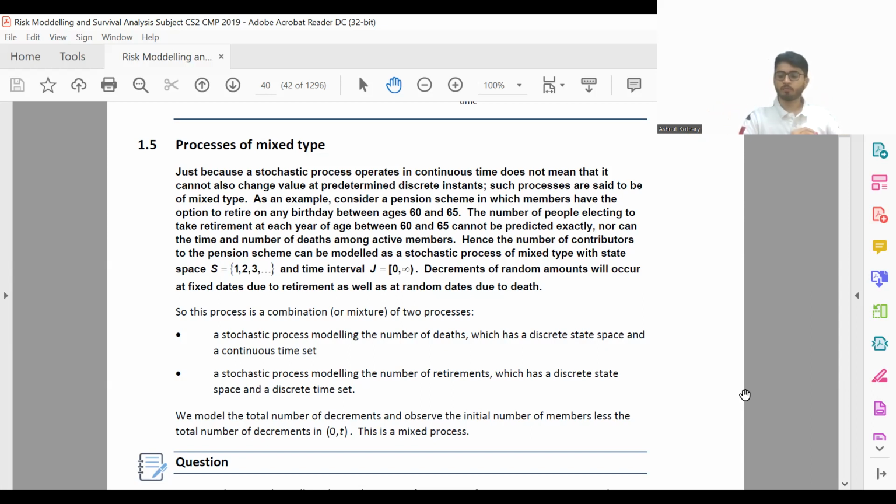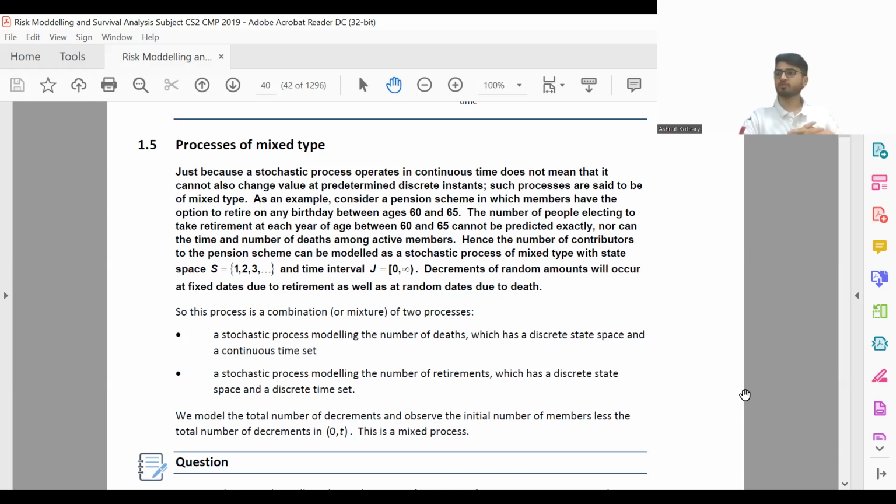So this process is a mixture of two processes: a stochastic process modeling the number of deaths, which has a discrete state space and a continuous time set, and a stochastic process modeling the number of retirements, which has a discrete state space and a discrete time set.